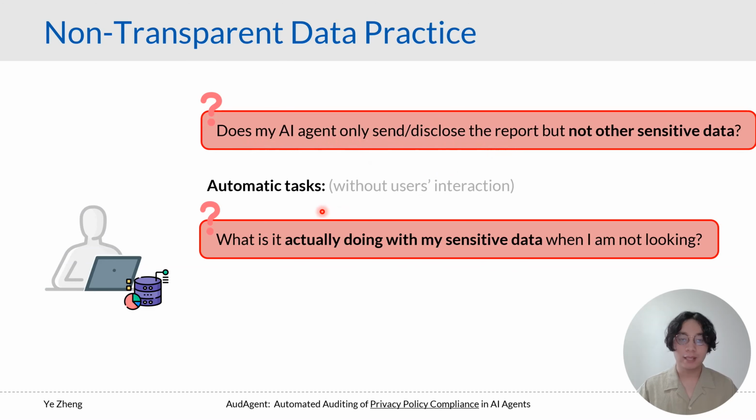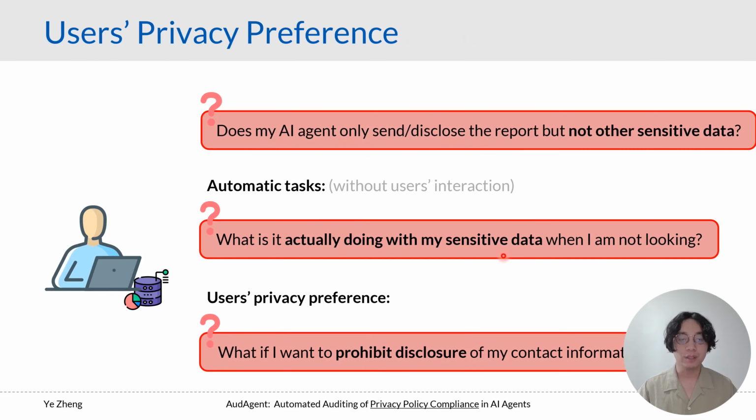For automatic tasks without user interaction, what is my AI agent actually doing with my sensitive data when I'm not looking at it? And for user privacy preferences, what if I want to prohibit the disclosure of my contact information?